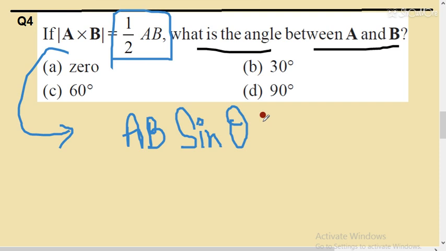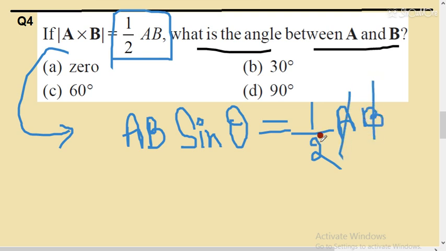So I will put it equal to 1 by 2 a into b. Students, a cancels out and b will also cancel out. We are left with sin theta equal to 1 by 2.